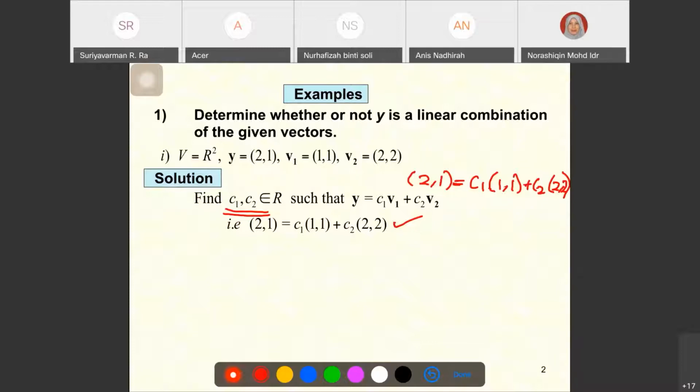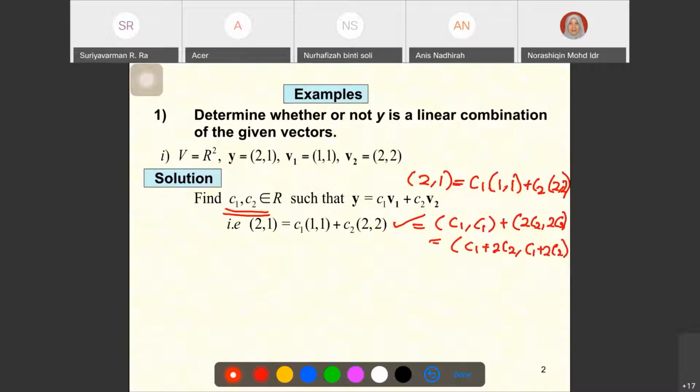The x coordinate of the addition on the right-hand side has to equal the x coordinate of y, and the y coordinate on the right has to equal the y coordinate of y.